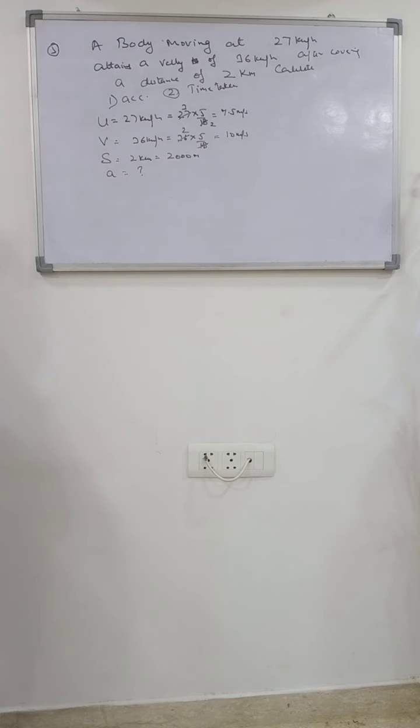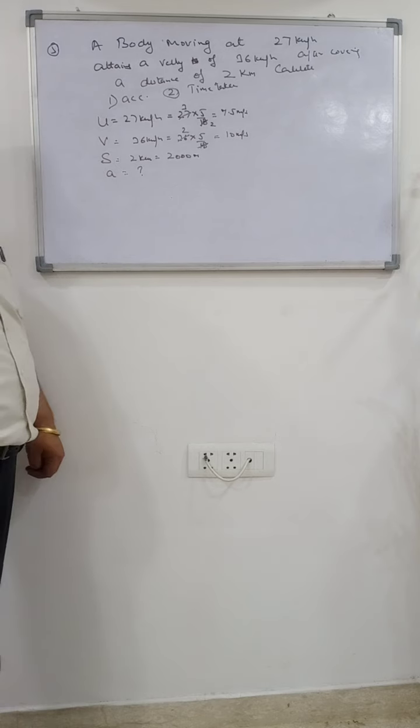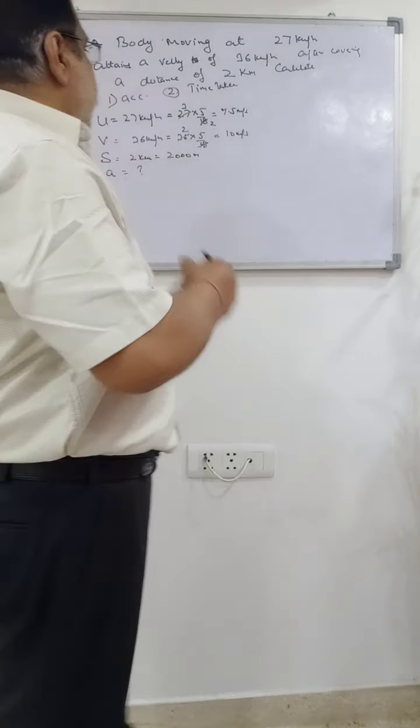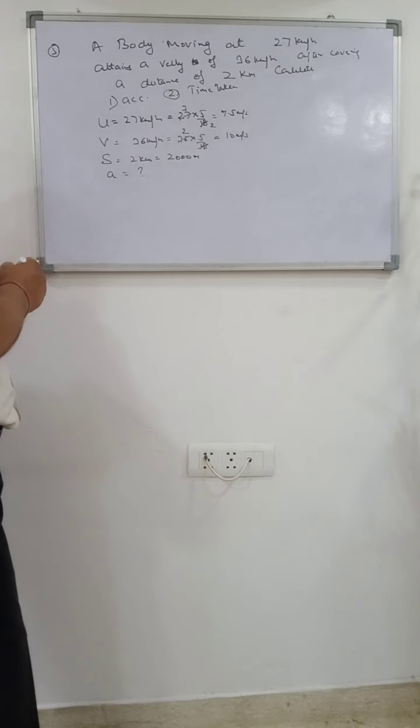U is given to be 7.5 meter per second. V is given to you as 10 meter per second. Distance S is given to you, 2000 meters, and acceleration you have to calculate. Now see which equation you will be using.